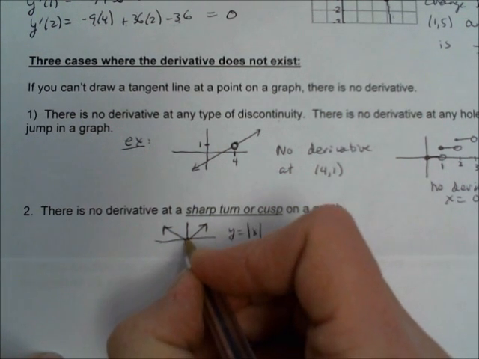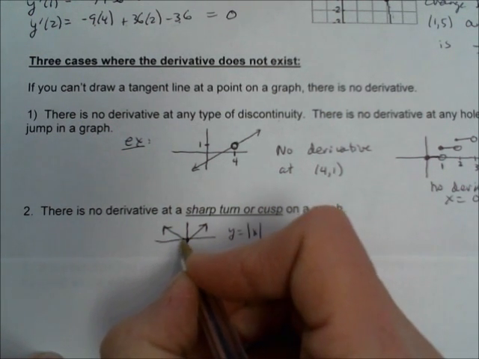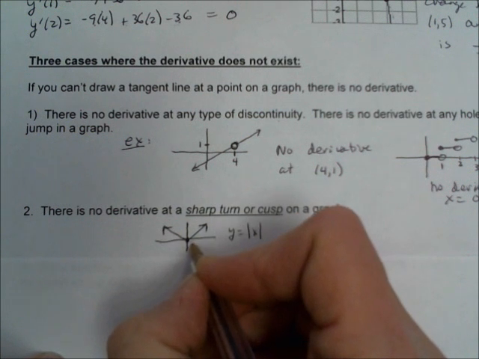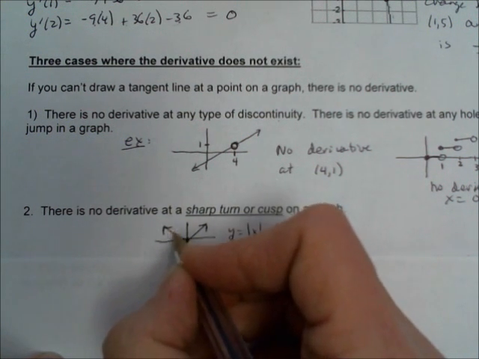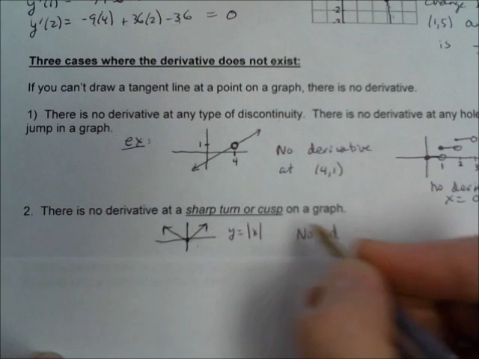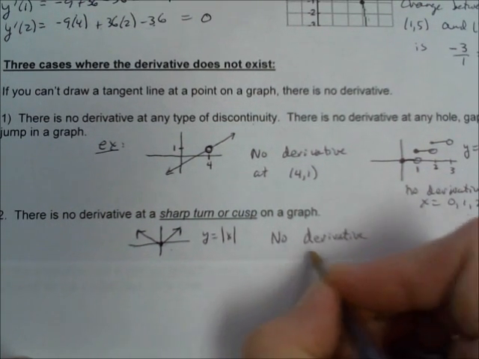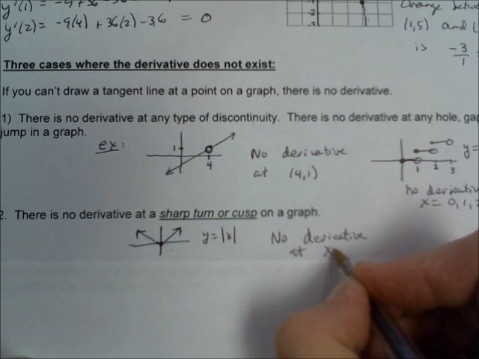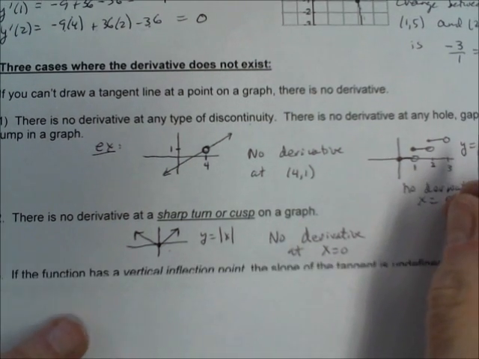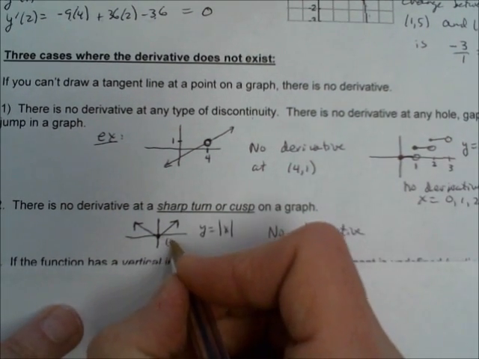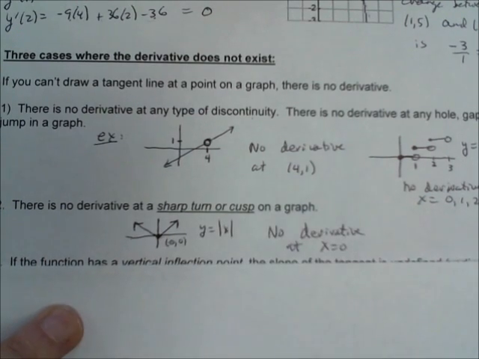Because there's a sharp turn right here, you can't really figure out where the tangent line would be. Would it be that way or that way? So there's no derivative at x is equal to 0. Or in other words, at the point 0, 0, there's no derivative.